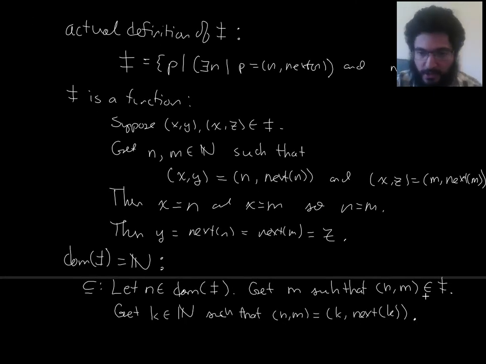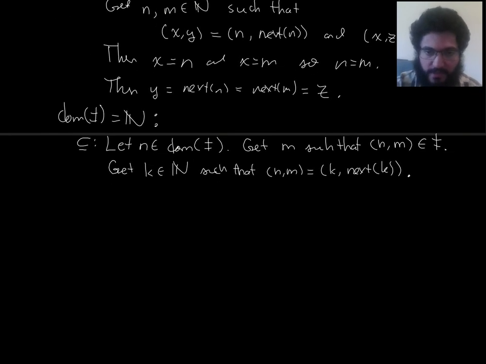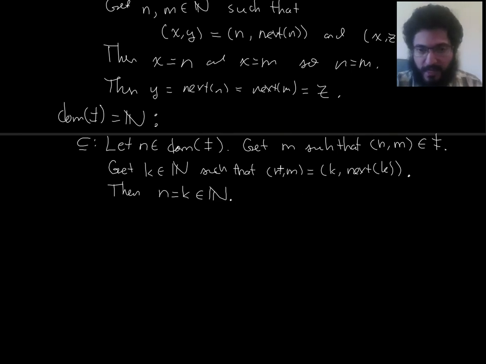Then using the definition of this adding one symbol, to say that this pair is in there is to say that there exists some, let's call it k, such that our pair n comma m is k next k, and k is a natural number. So we can get k a natural number such that this happens. Then by our essence of pairs theorem, n equals k, but k is a natural number, so then n is a natural number, and that proves this inclusion.